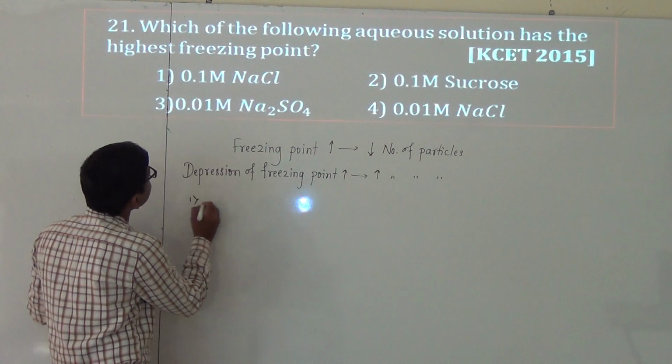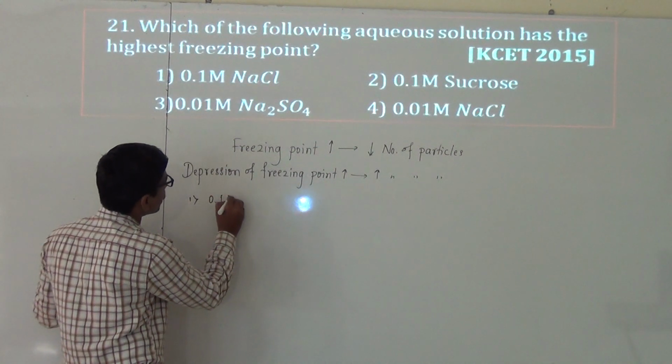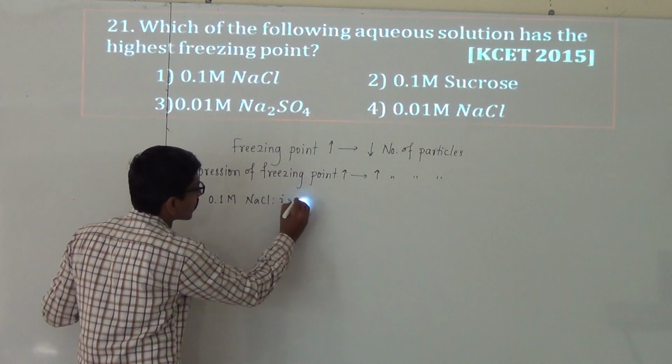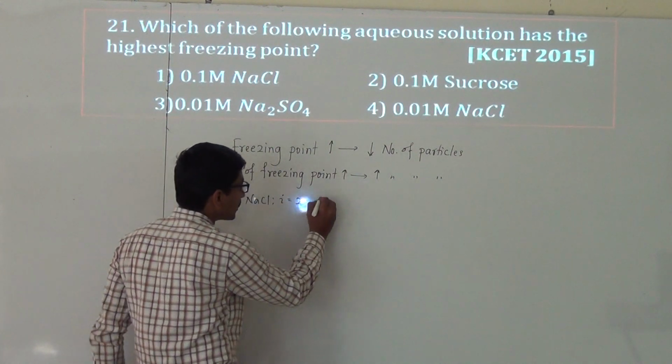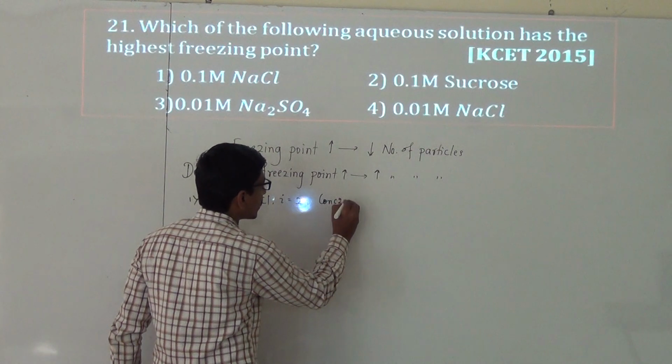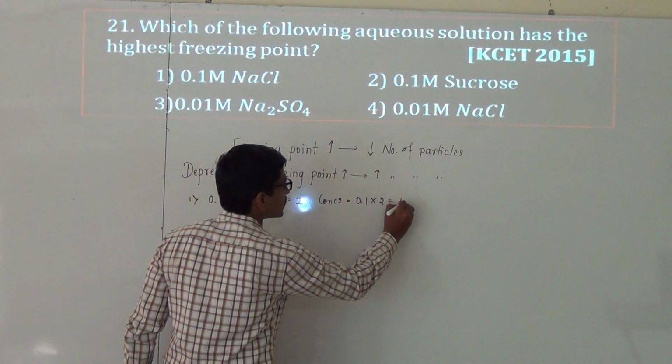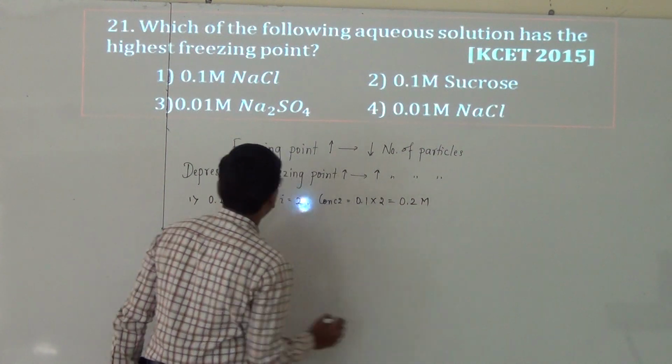First one is 0.1 m NaCl. i is equal to 2, and the total concentration is 0.1 into 2, which is equal to 0.2 m.